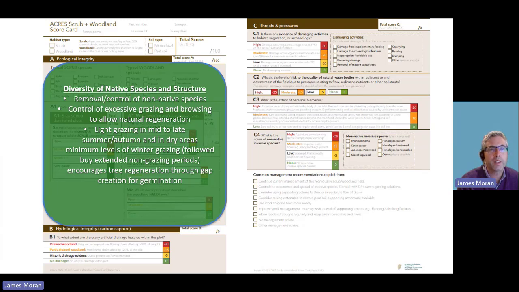The main management that drives this diversity of native species would include removal or control of non-native species, control of excessive grazing and browsing to allow natural regeneration, and then encouraging, possibly on a site-by-site basis where required, grazing in mid to late summer or autumn, and in dry areas, minimum levels of winter grazing can be suitable. But often the period of grazing is followed by extended non-grazing periods, and this encourages tree regeneration through gap creation for germination.